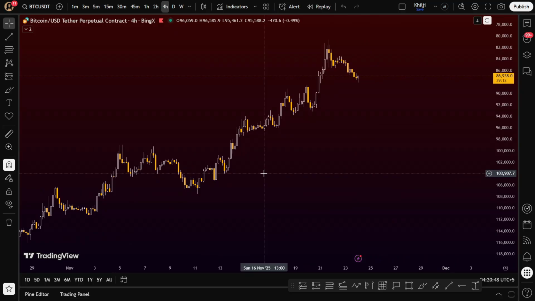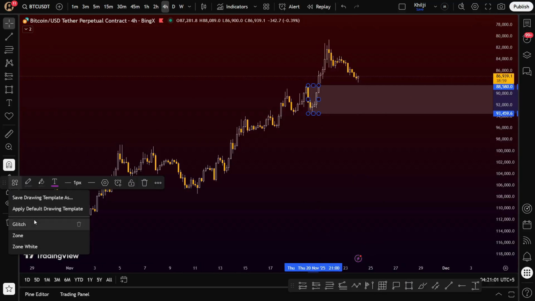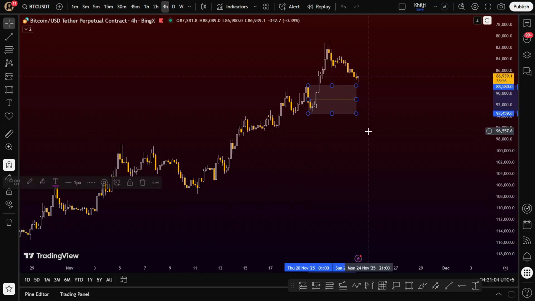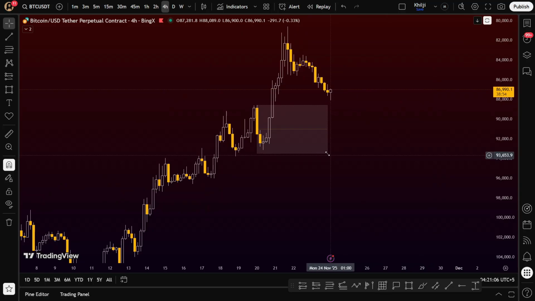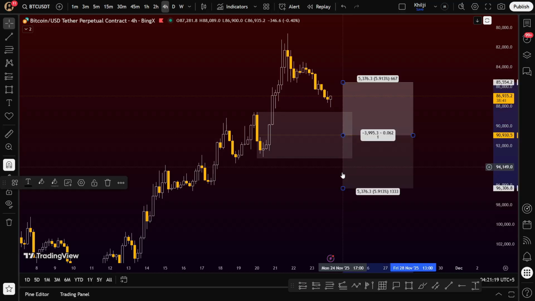And I'm going to show you a very neat trick that I sometimes use for bigger zones to identify where exactly price is likely to come into. Okay? So you see, this is a zone, obviously, right? This is a zone. Let's just say that this is a wick versus zone, whatever you want to call it.